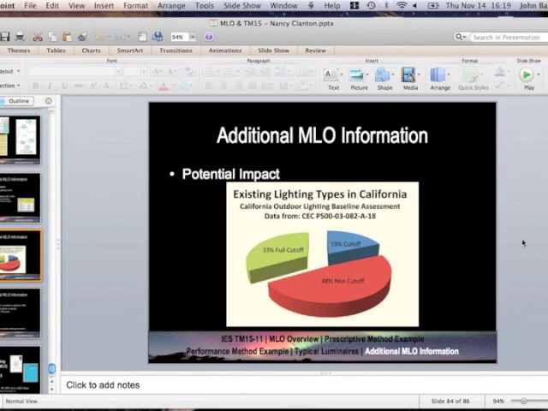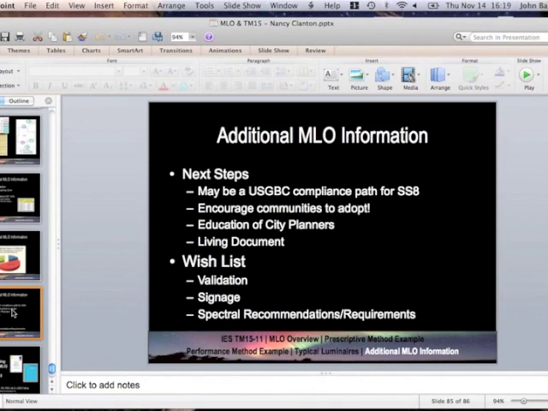We need communities to adopt the Model Lighting Ordinance and to start protecting the night sky, stopping neighbor-to-neighbor complaints, and getting cohesive looking communities so that one area is not lighted more than another. There's a lot of additional steps for the MLO.